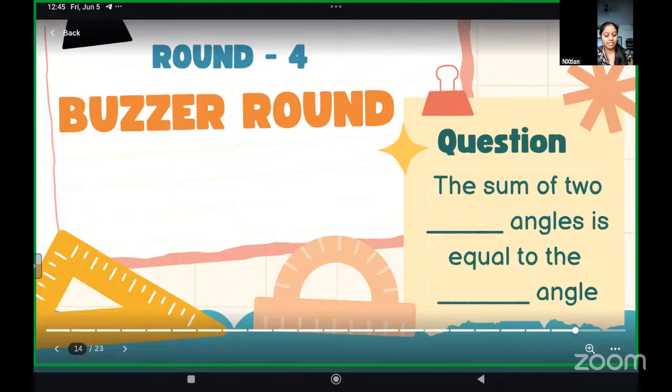Yes, Honey. Ma'am, the sum of two interior opposite angles is equal to the exterior angle. Okay.